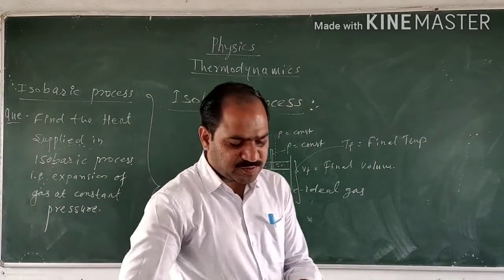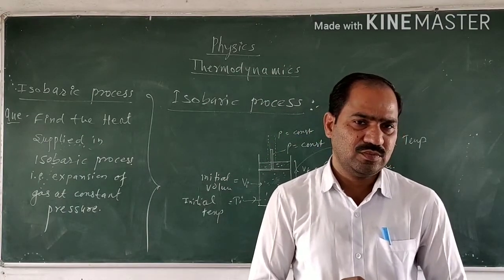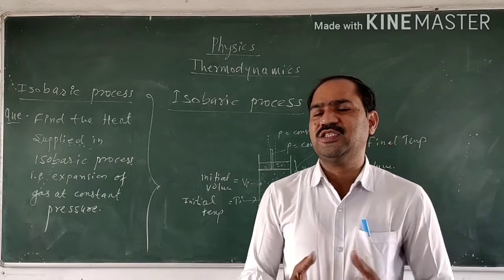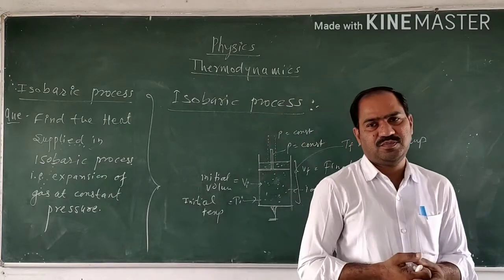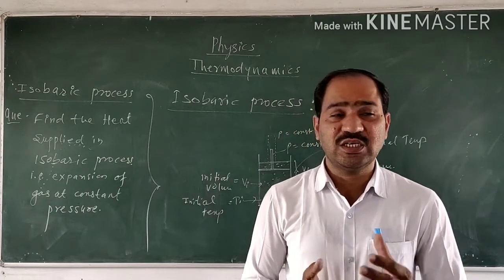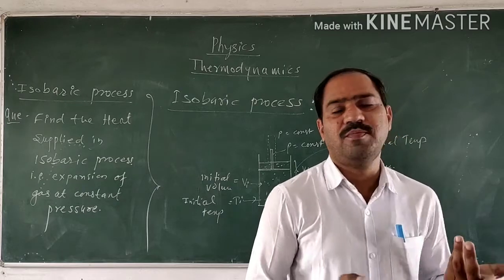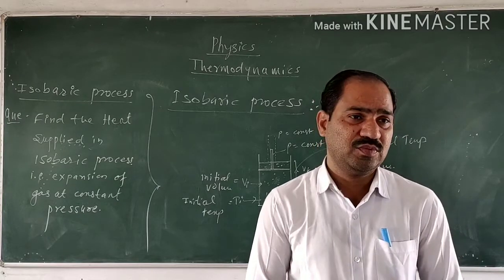So there is an expansion of the gas from its initial state to its final state. The volume of the gas changes from Vi to Vf. For convenience, we can consider V1 as the initial volume and V2 as the final volume.